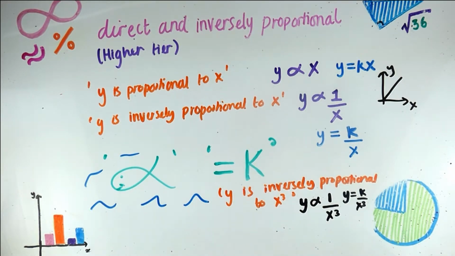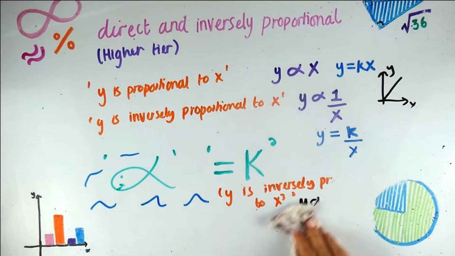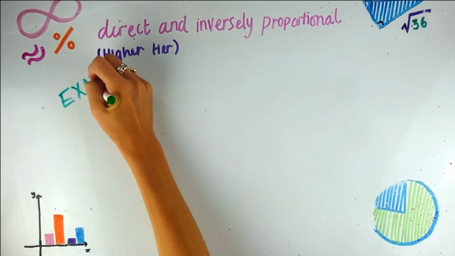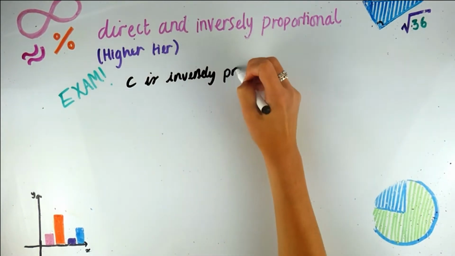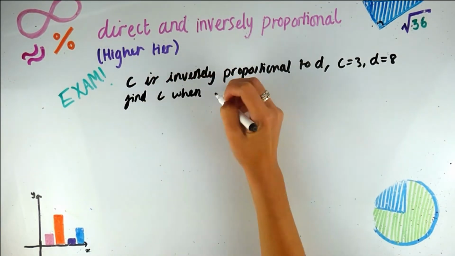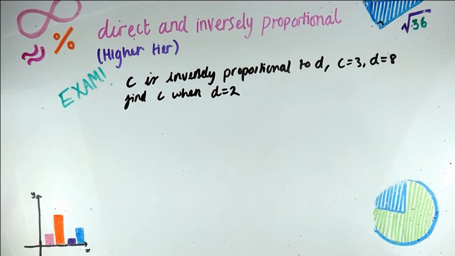Okay, let's try some more questions. These are exam questions because I might as well just dive straight in there. And I really like these questions. They all kind of come in this type of format. So let's see.